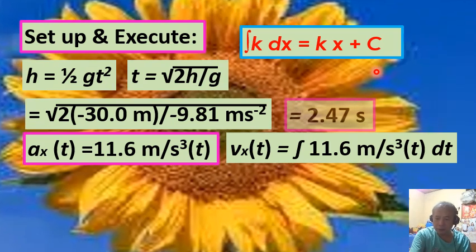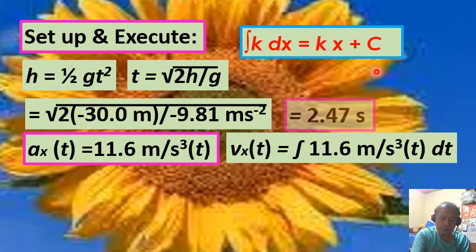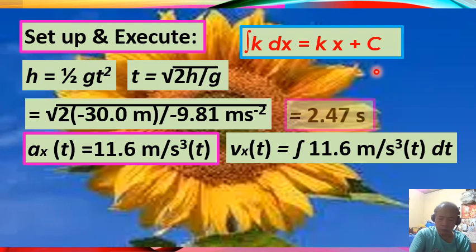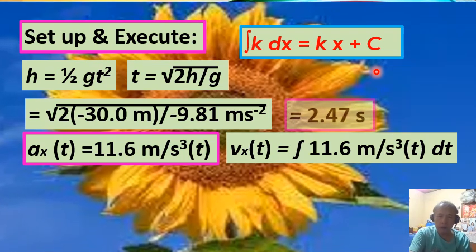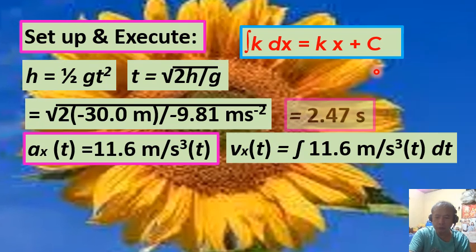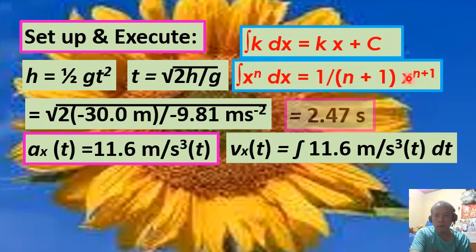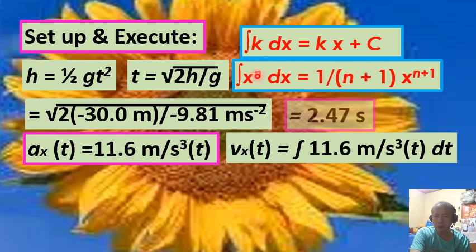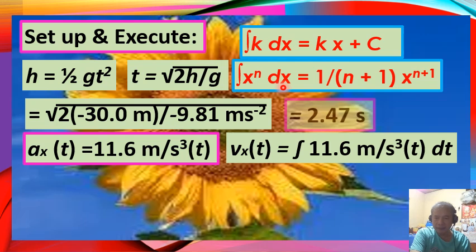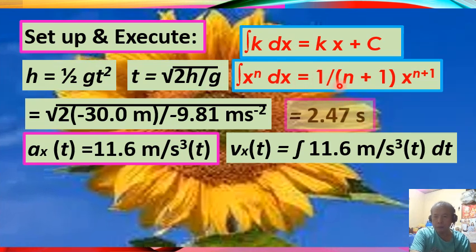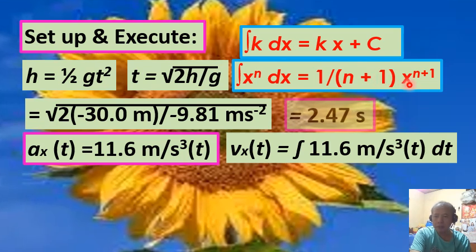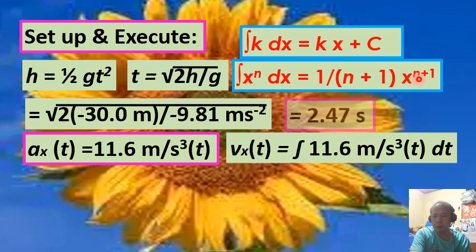The second important concept is what we call the power rule of integration, which states that the integral of x raised to the power n times dx is just equal to 1 over quantity n plus 1 times x raised to the power n plus 1.